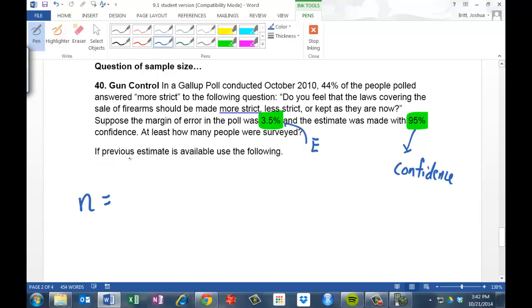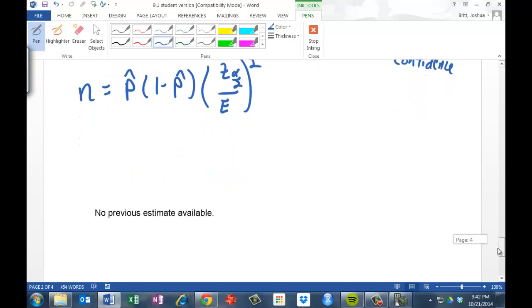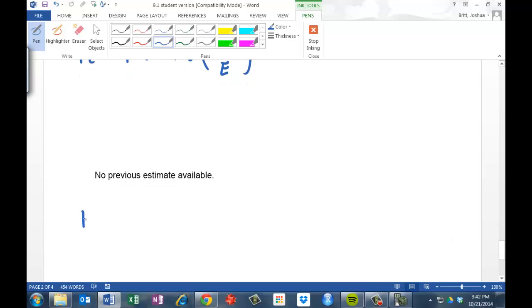One, if a previous estimate is available, it looks like this. And the other, when no prior estimate is available, and it looks like this. Z alpha over 2 divided by the margin of error squared.